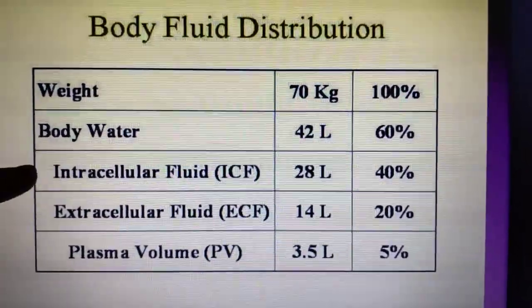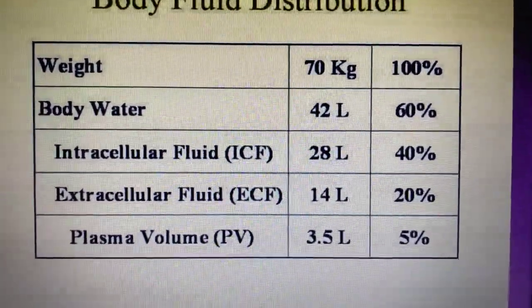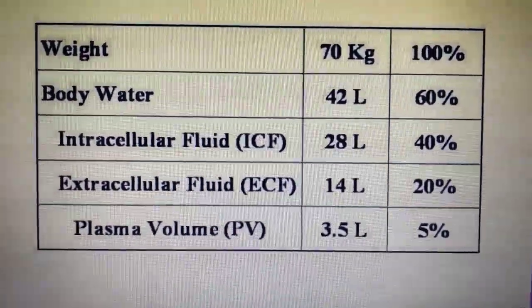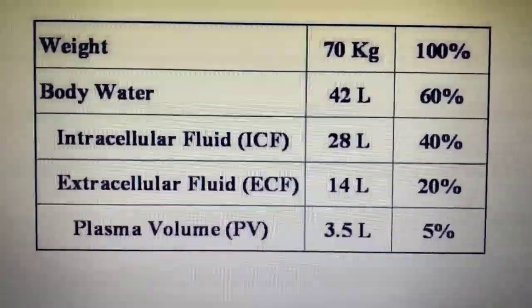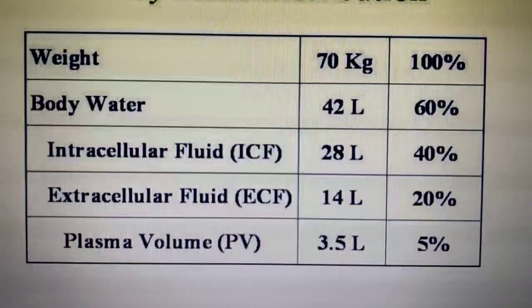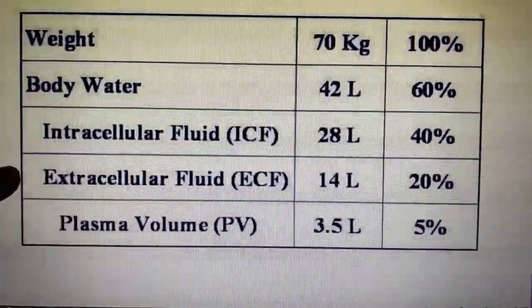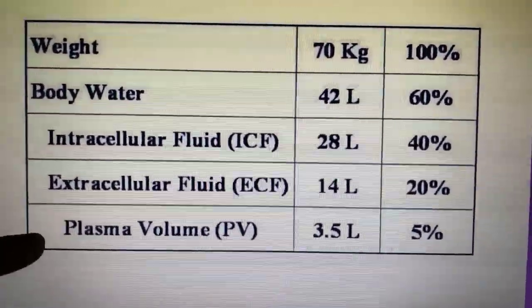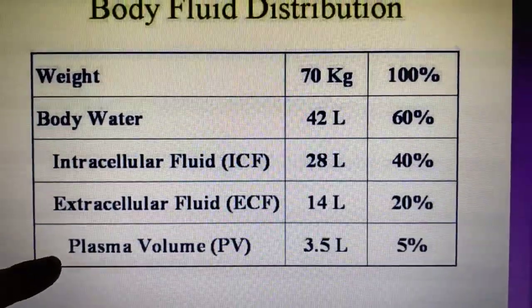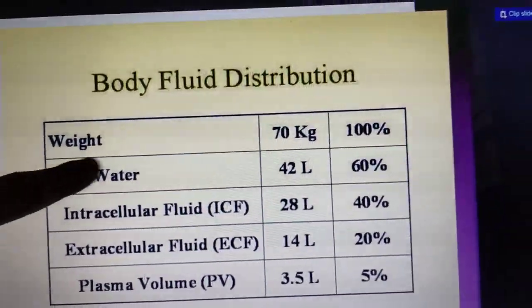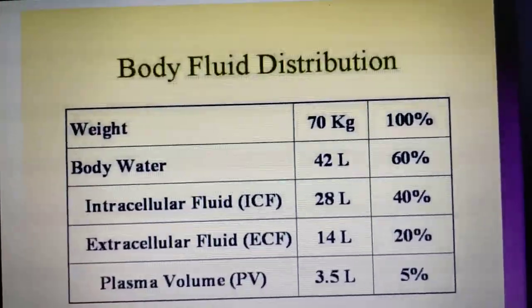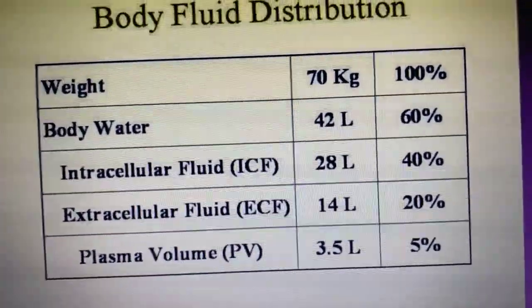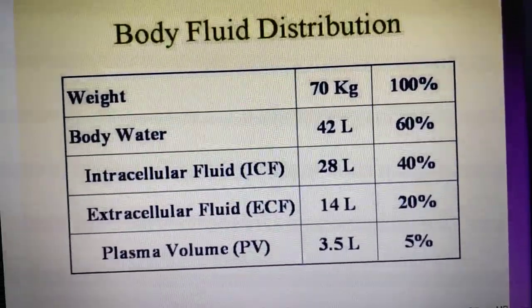The fluid present inside the cell we call intracellular fluid. The fluid present outside the cell we call extracellular fluid. And blood is composed of plasma, that we all know, isn't it? Now, for a 70 kg person, the body water is about 42 liters we consider. 42 liters means how much? 60%.